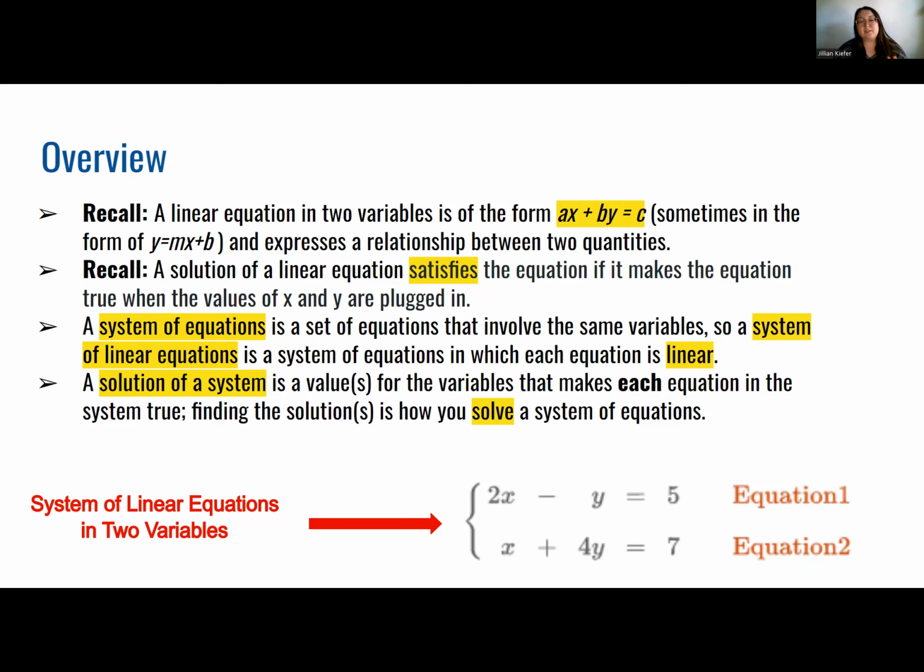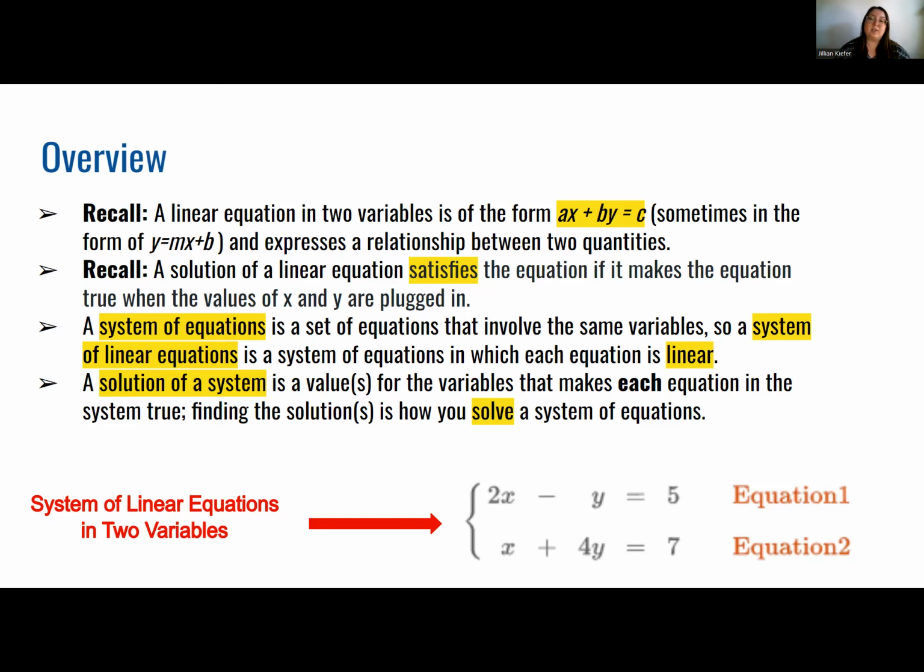If you want to find a solution of that system, those would be values for your variables that would make both of your equations in the system true. So one value for x and one value for y that would make both of those equations true. Finding the solutions is how you would actually solve a system of equations. So that's what we're going to be doing in this section.